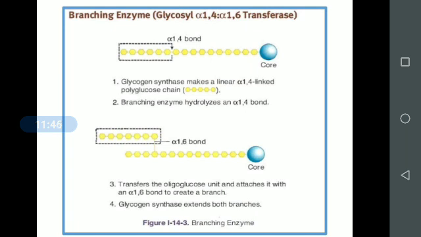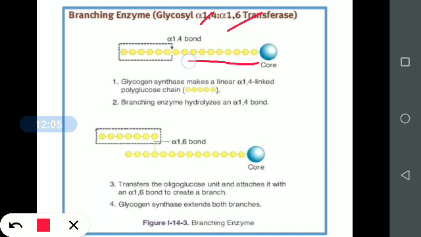Now what is happening means branching needs an enzyme, glycosyl alpha 1,4 to 1,6 transferase. First, glycogen synthase makes a linear alpha 1,4 linkage polyglucose chain. So first glycogen synthase will form a glycosyl chain.